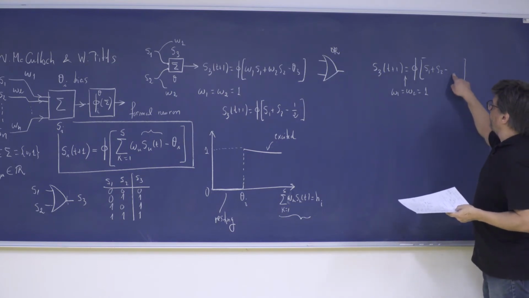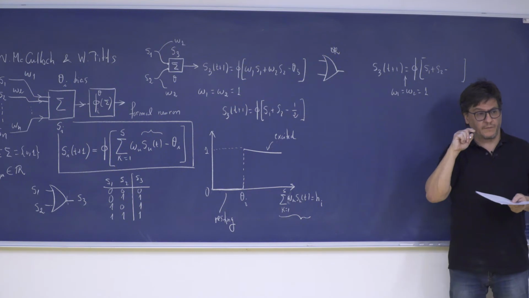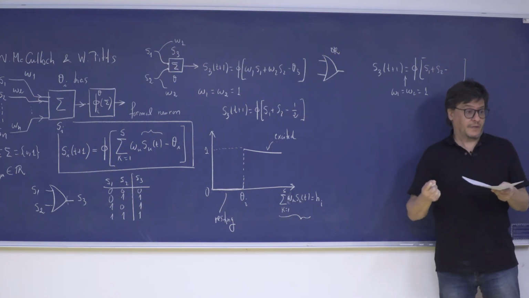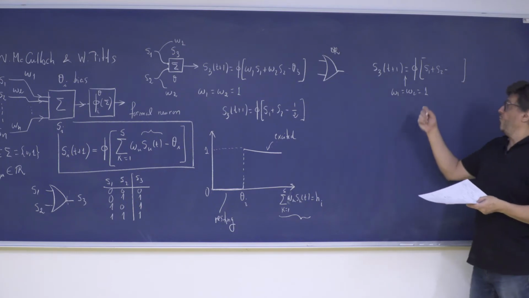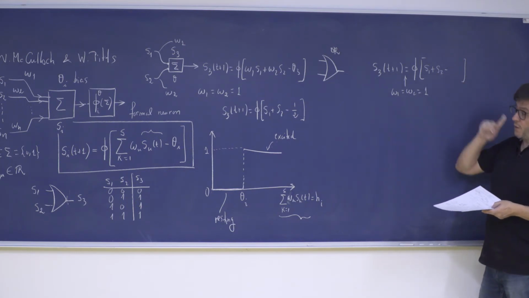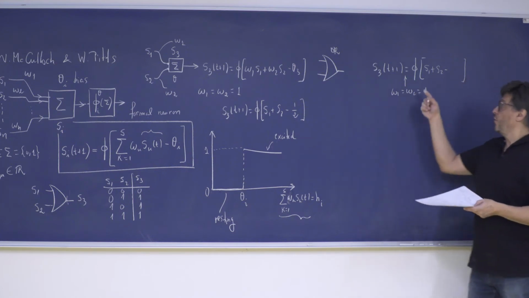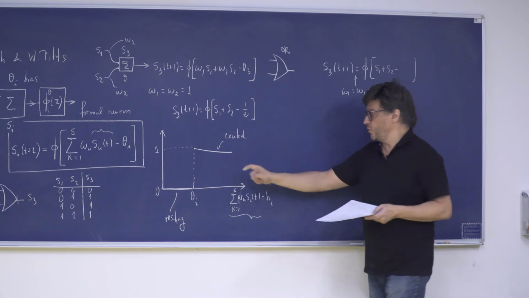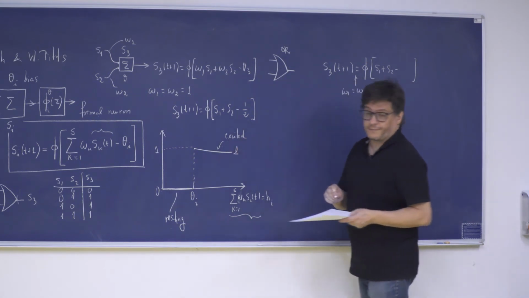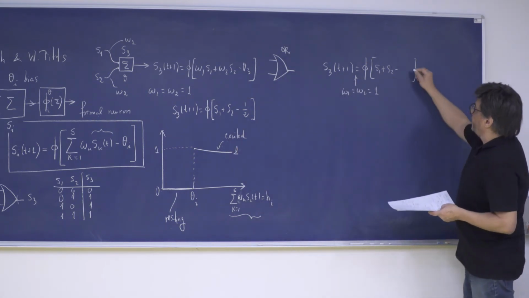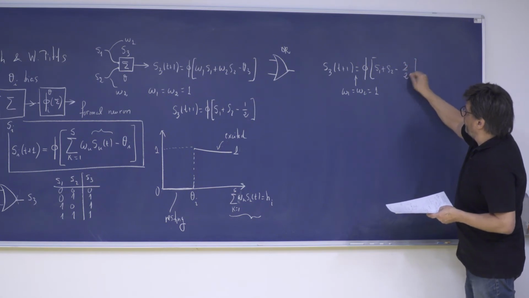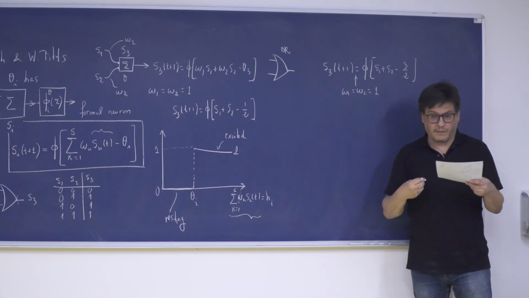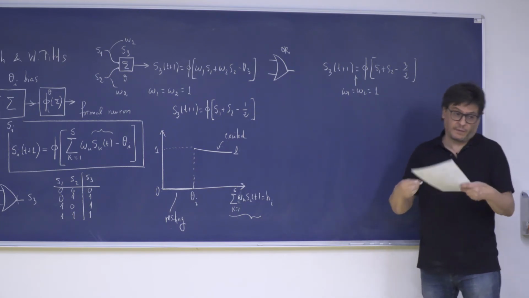So what I need here is something that, if S1 or S2 is 1, is not going to be enough. But if both S1 and S2 are 1s, the overall amount here is going to be positive, and I'm going to have a 1. So I'm going to fire. If you put, for example, 3/2, you have it. 3/2, of course, is one number among infinite.